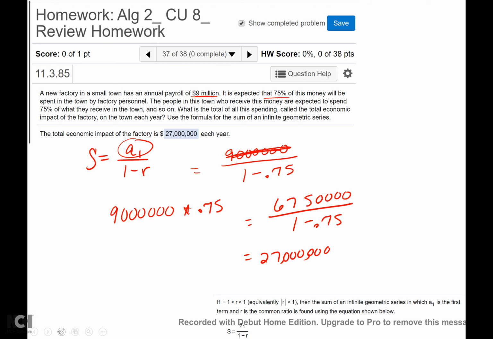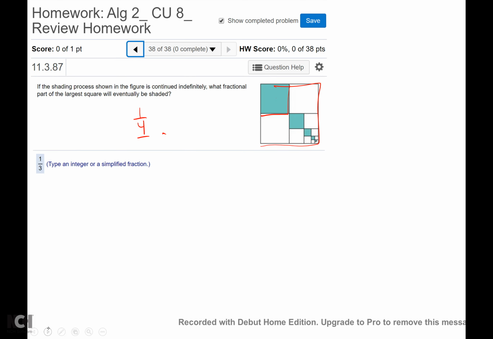Okay. This first time you took a square and they shaded 1/4 of it. So there's my first term. The second time, just in this quarter, they shaded 1/4 of it. So to get my next term, it would be 1/4 times 1/4 of a fourth. The first term is 1/4.